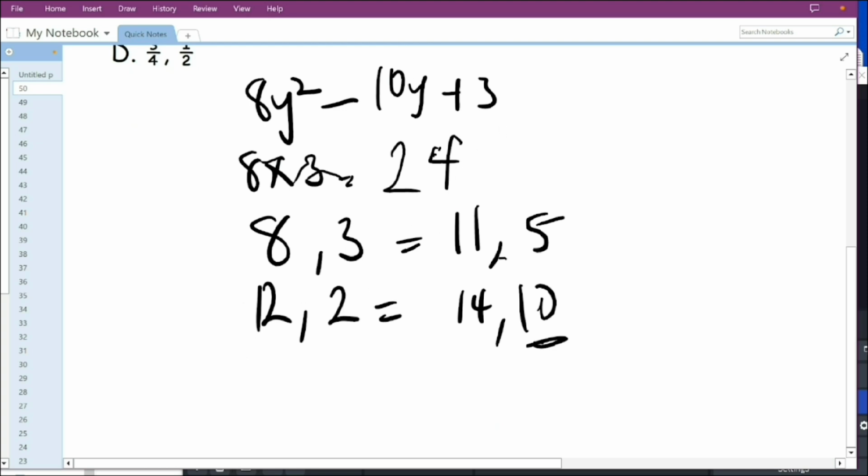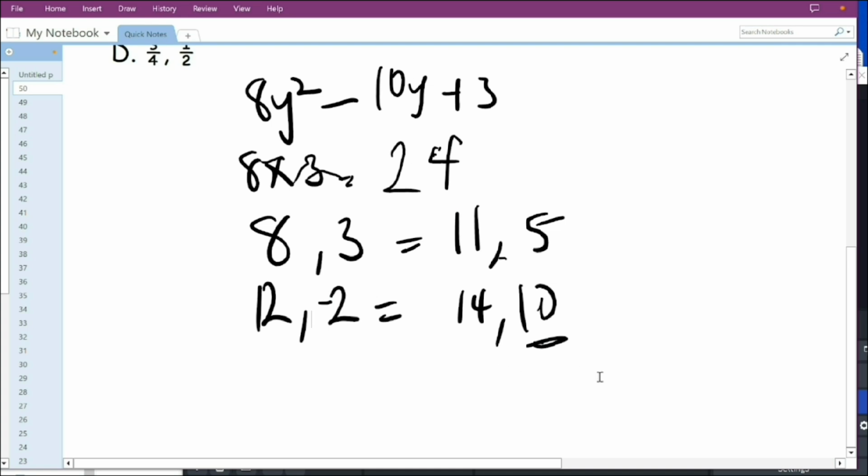Then we have 12 times minus 2. When you multiply them, it gives us minus 24, and you can still get your 10, but that also won't work because the 24 should be plus 24. Either way, this doesn't work.